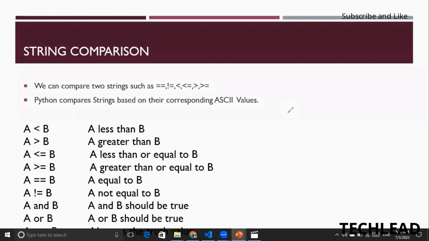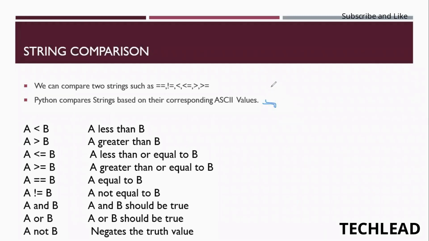If A is equal to 10 and B is equal to 20, when we compare these two values, you can say that A is less than B. Here we use the less than operator.